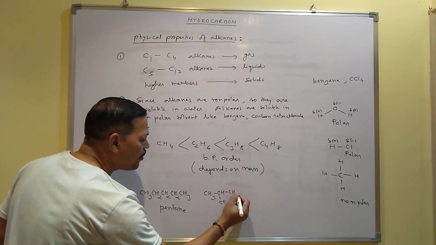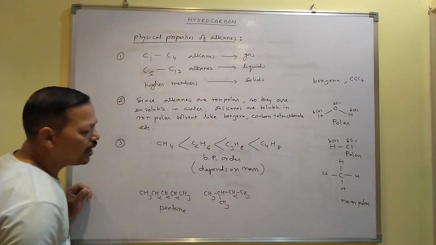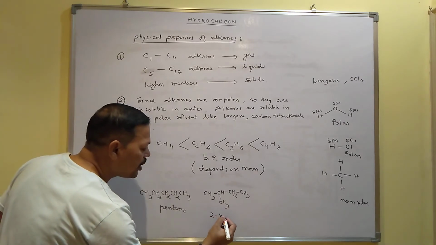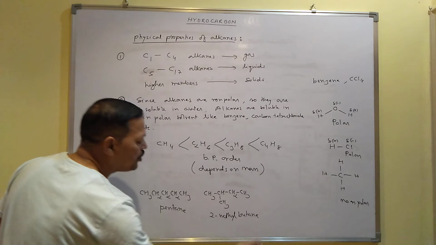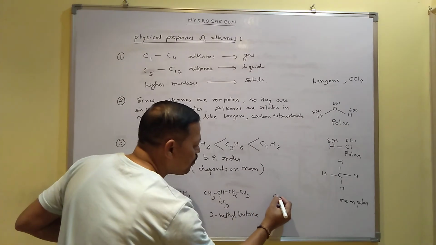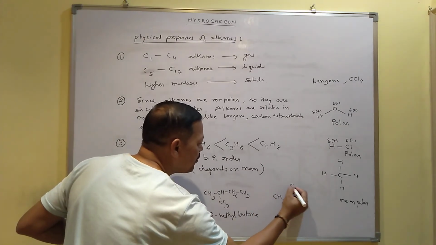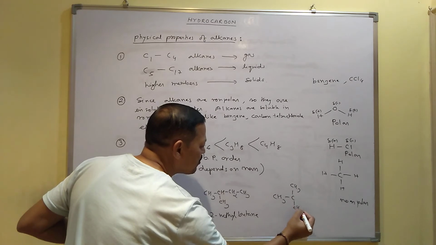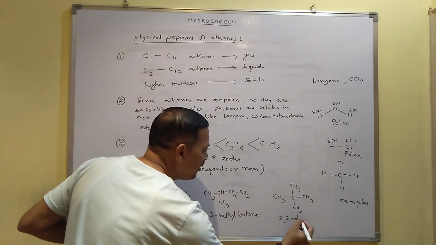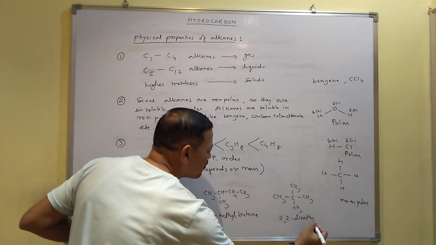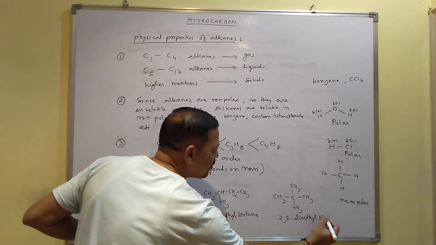It also contains 5 carbons in total, and the name is 2-methyl butane. And this is one which also contains 5 carbons. Its name is 2,2-dimethyl propane.